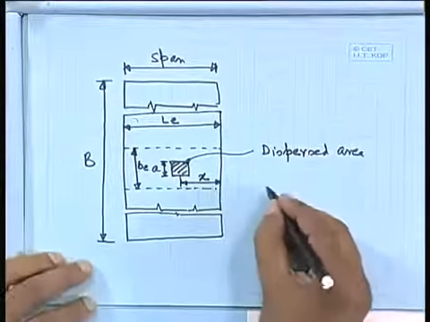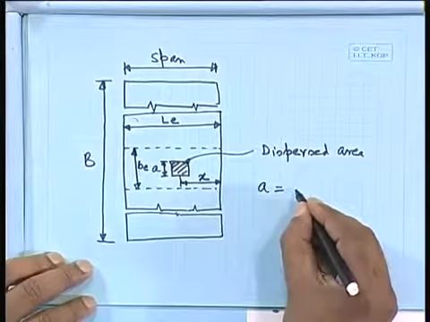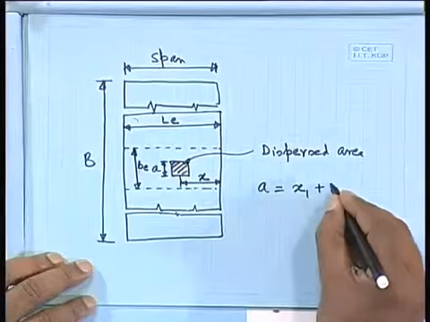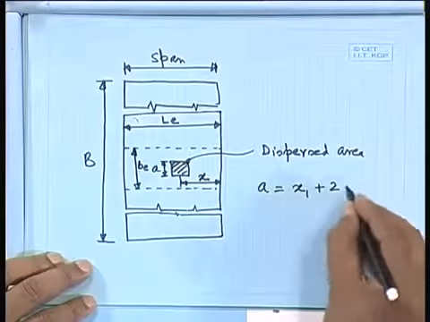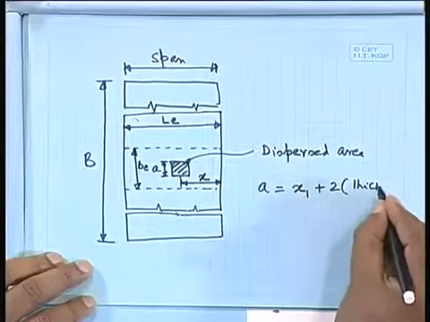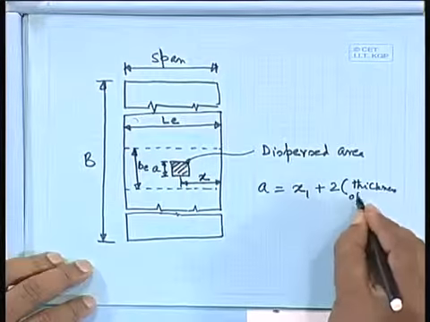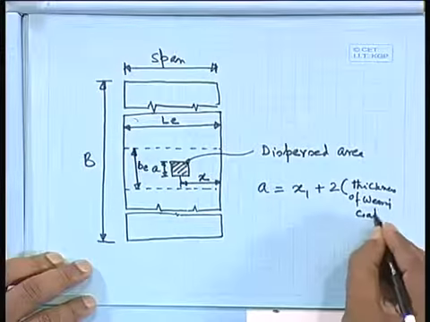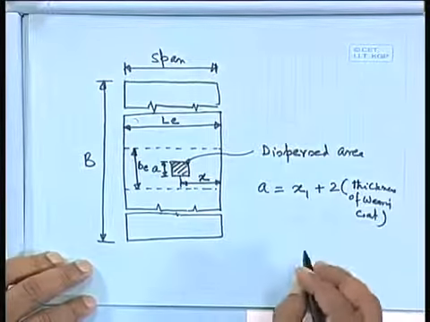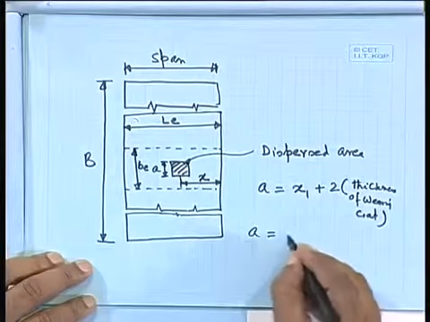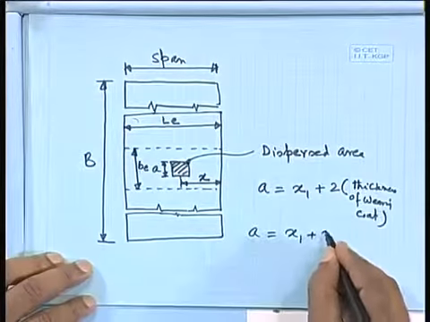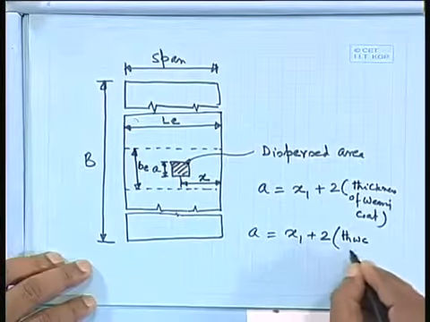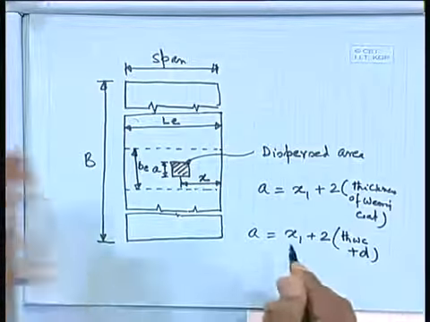So we can say A equal to x1 plus twice the thickness of wearing coat, or we can write A equal to x1 plus twice the thickness of wearing coat plus D. There are two options I have told.